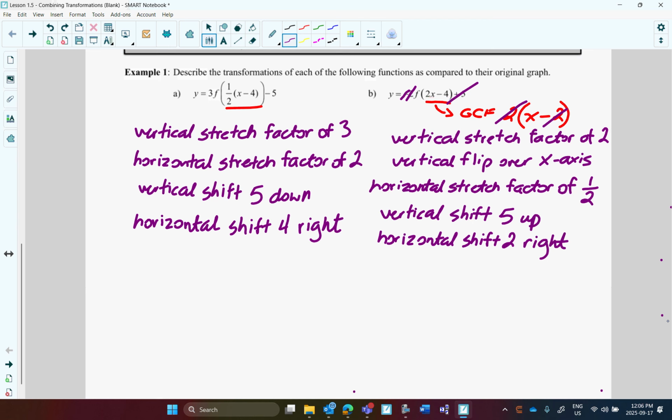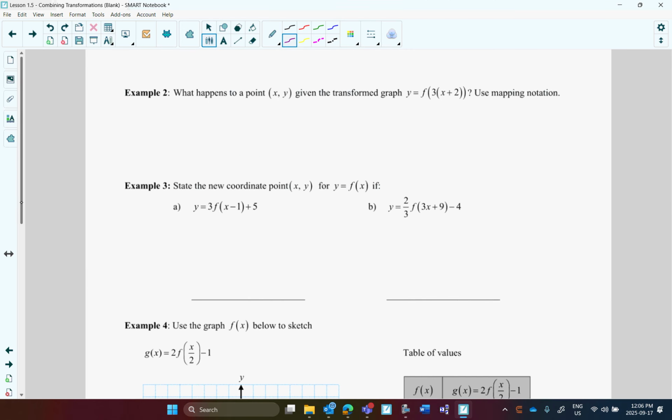Another type of question that you may be asked is give the formula for the mapping notation. Do I have to worry about factoring? No. There's a horizontal shift going on, but there's an inner set of parentheses, so it's factored.